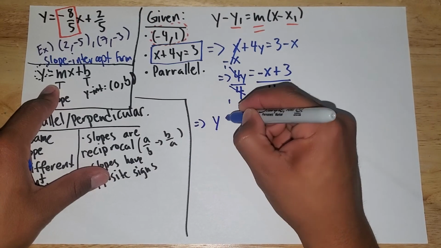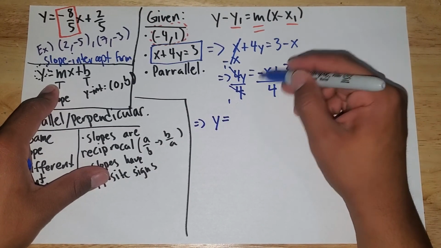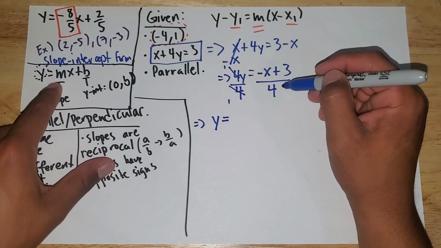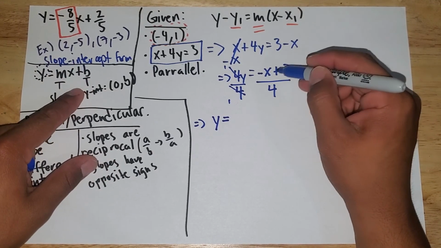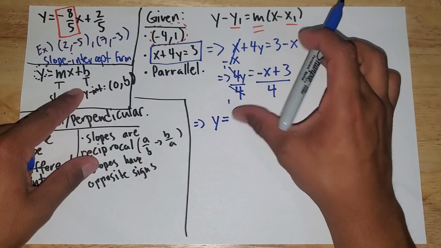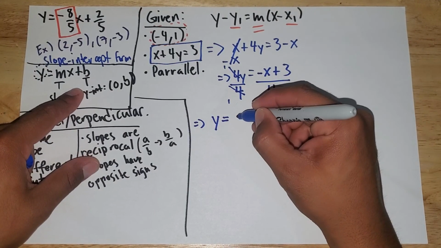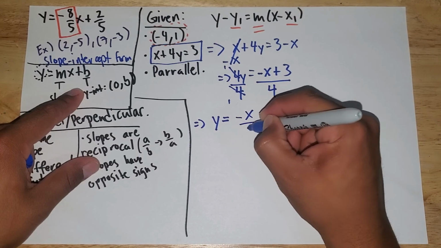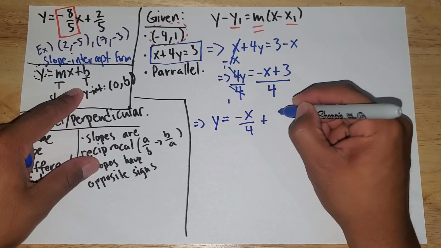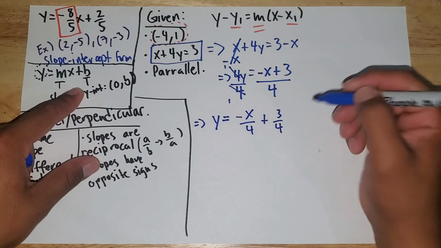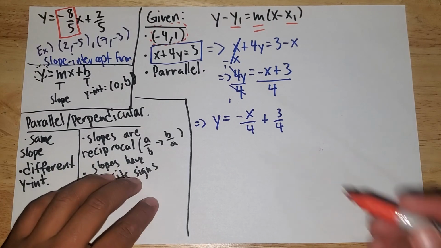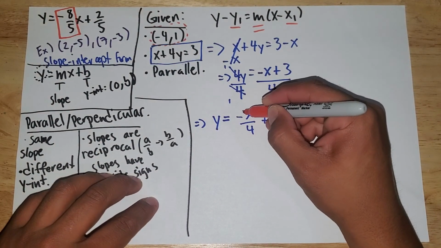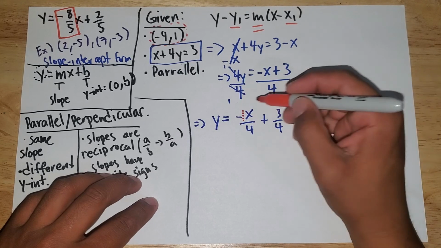And now I'm left with y is equal to. The only issue is it's sort of hard to tell the difference between the two terms. But if you remember from one of the videos, we talked about how you can break this apart into two fractions, which would be negative x over 4 plus 3 over 4. And now I have my slope. Again, don't just think it's this invisible 1 in front of the x.